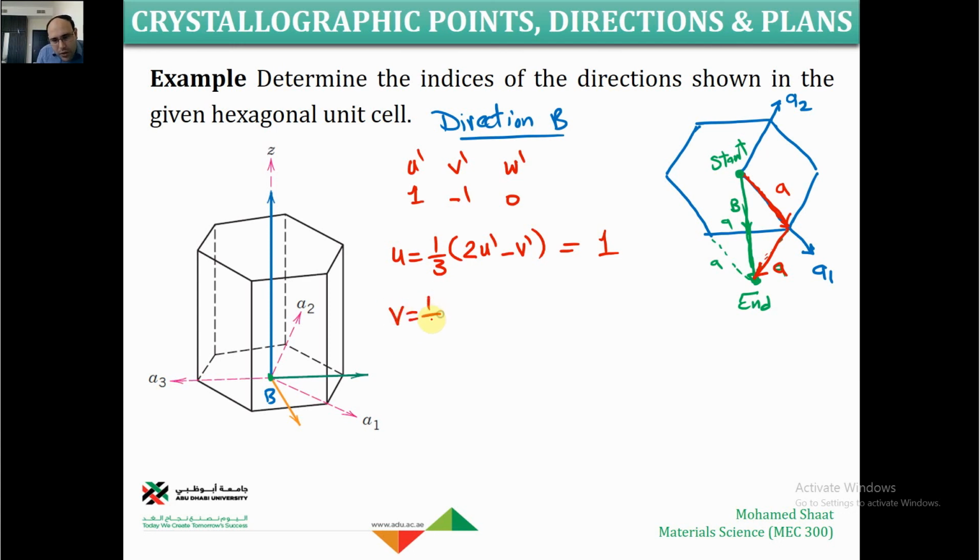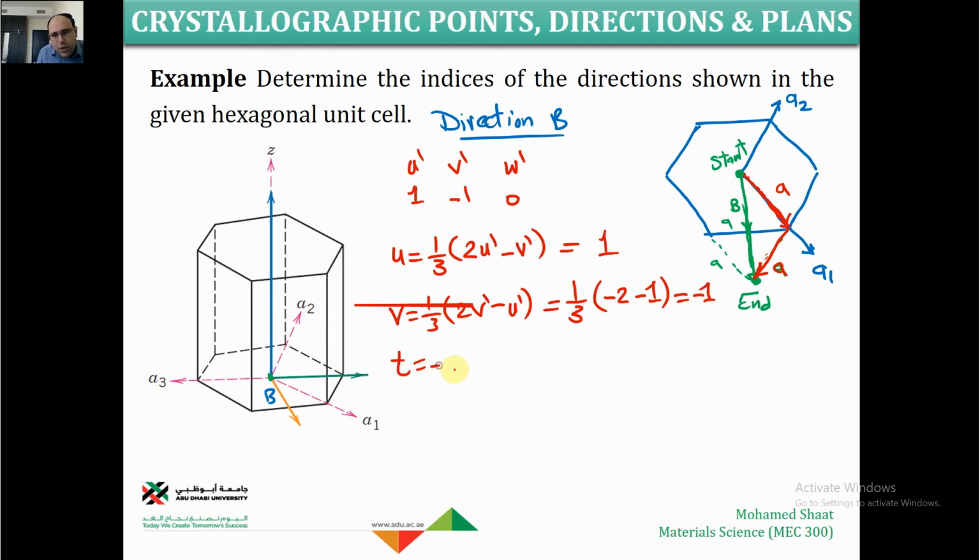V equals 1/3 times (2V prime minus U prime). V prime equals negative 1, so negative 1 times 2 gives negative 2, minus 1 gives negative 3. The 3 will be cancelled with the denominator, gives negative 1.